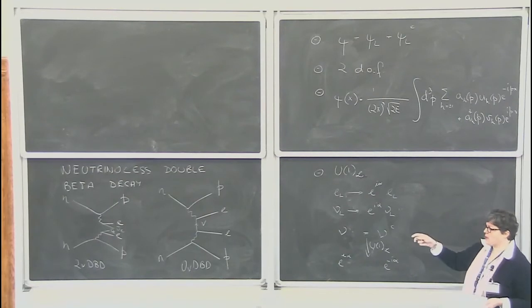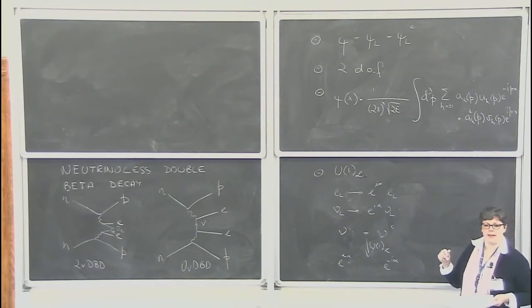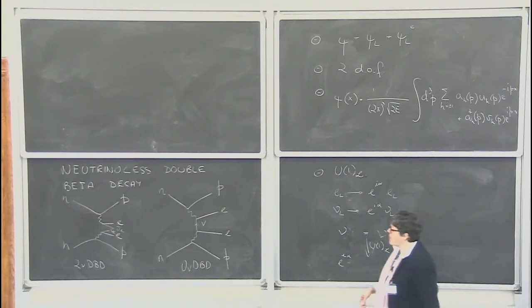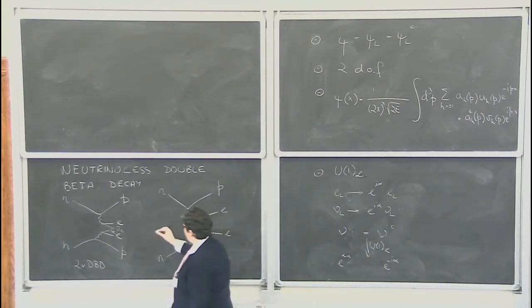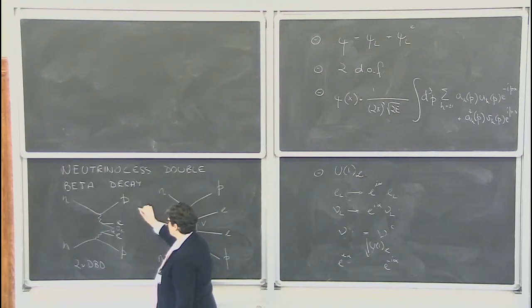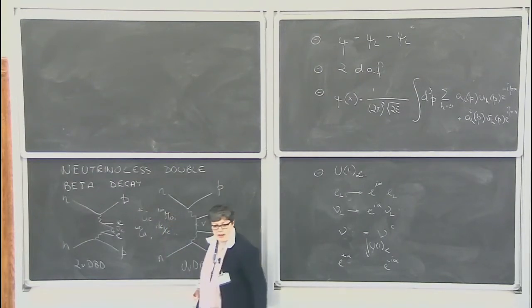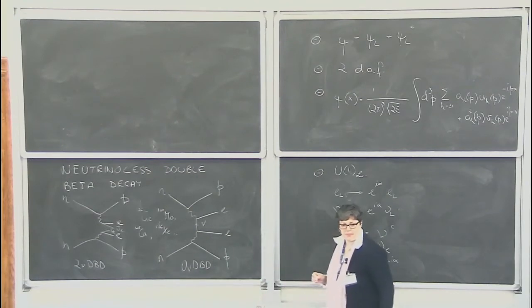But in many of these nuclei, the double beta decay is kinematically allowed. So there is a certain number of nuclei you can study, for example germanium 76, molybdenum 100, calcium 48, xenon 136, and others. As you see, they are all very, very heavy.